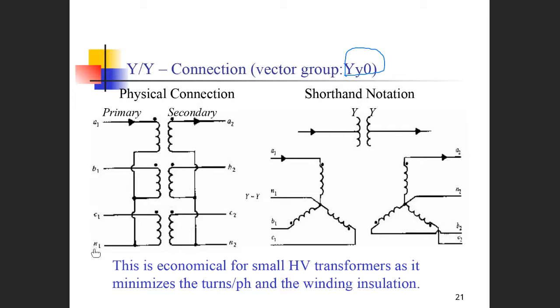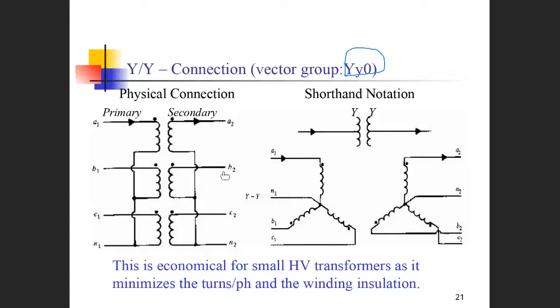N1 is the primary neutral, and N2 is the secondary neutral. Do not think the primary neutral and the secondary neutral are connected together. They are not; they are actually separate.